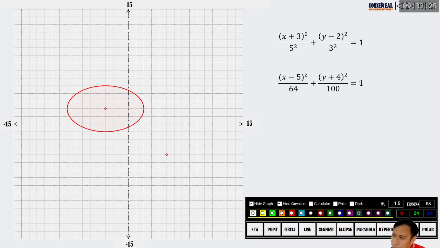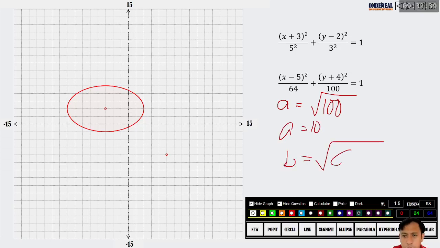Then, as you can see dito, A should be square root of this 100. It should be 10. B naman should be square root of 64. That is equal to 8. So, 10 and 8. Okay? So, yung graph nito is what?